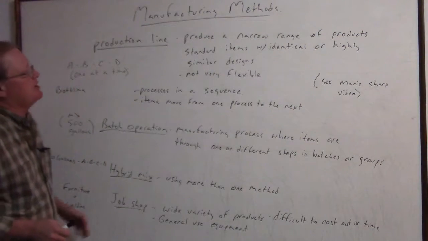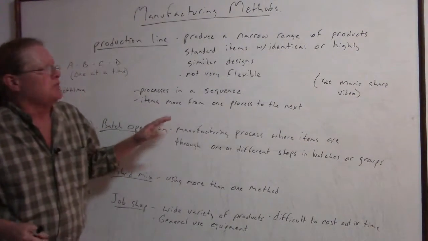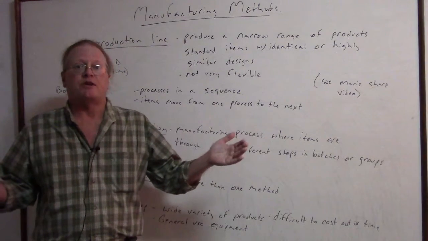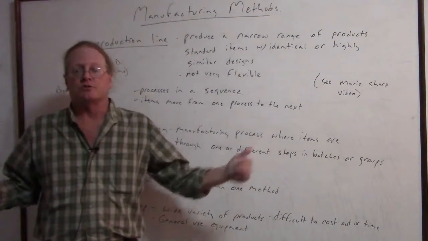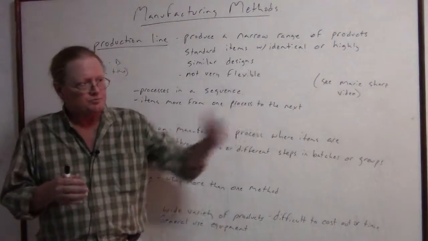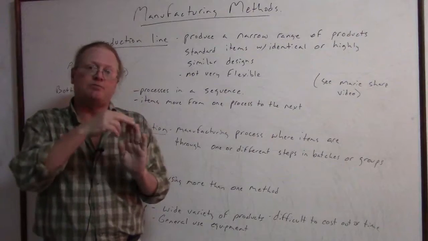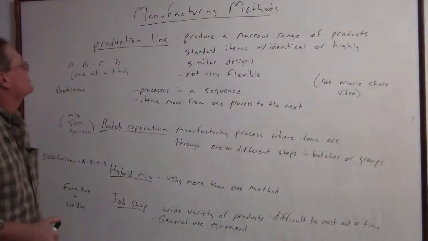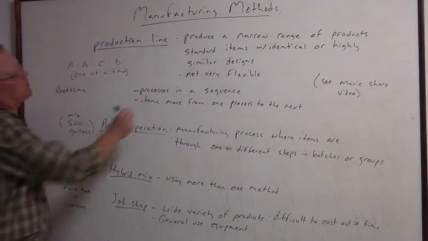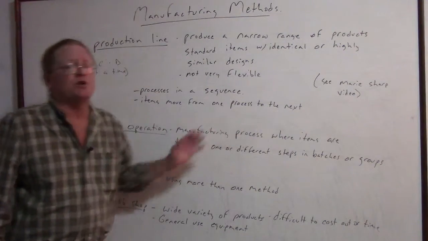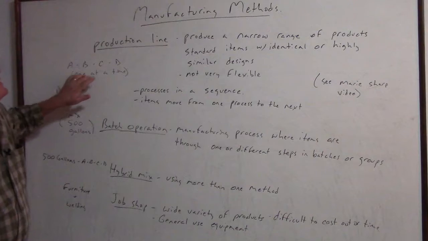And we also have maybe a bottling manufacturer, food manufacturer. The bottle is full of product and it needs to be capped, labeled, and all of that stuff. So the processes are in a sequence and move from one process to the next, one at a time.